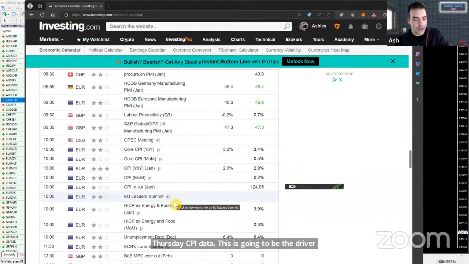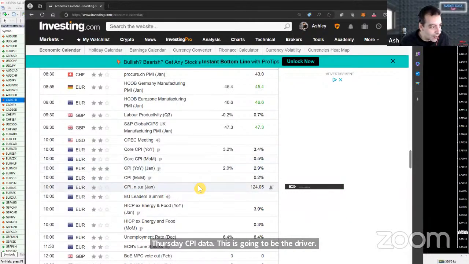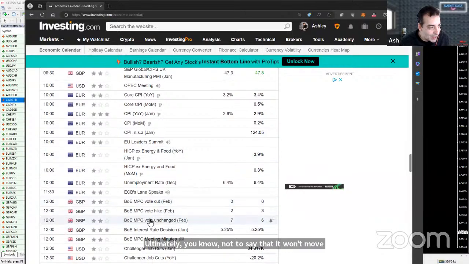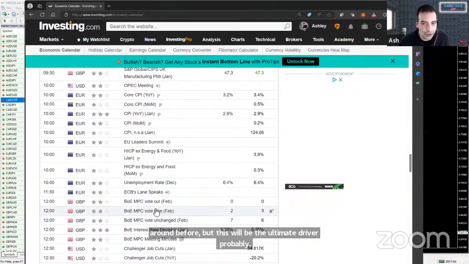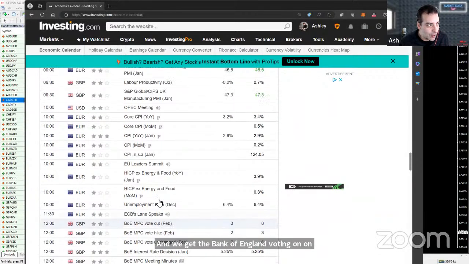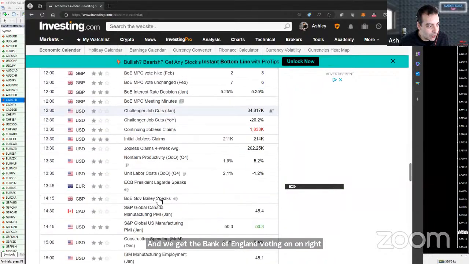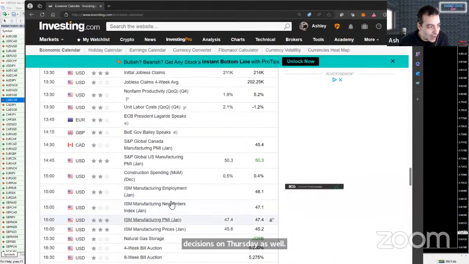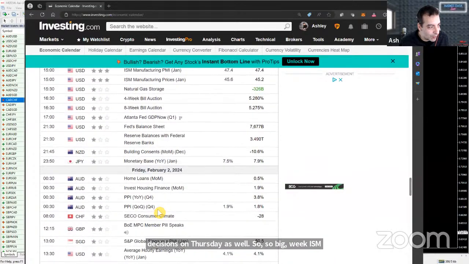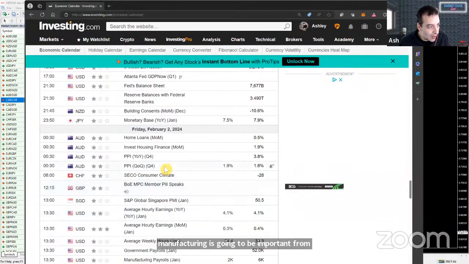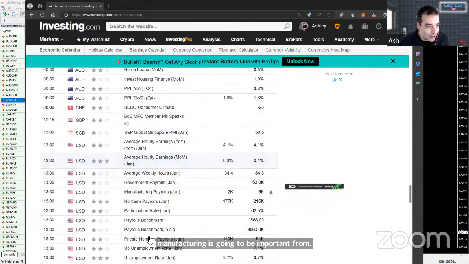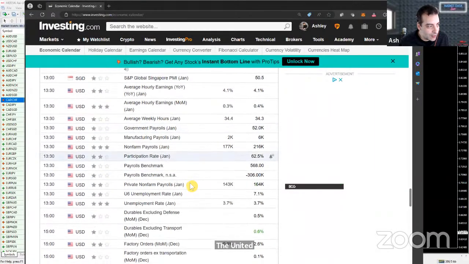Ultimately, not to say that it won't move around before, but this will probably be the ultimate driver. And we get the Bank of England voting on rate decisions on Thursday as well. So a big week. ISM manufacturing is going to be important from the United States. Some PPI data, the jobs market as well from the United States on Friday.